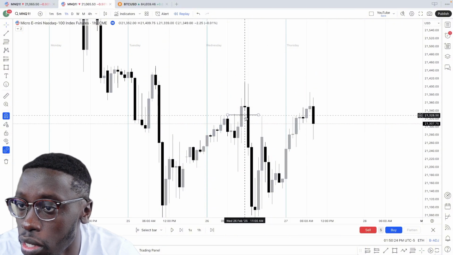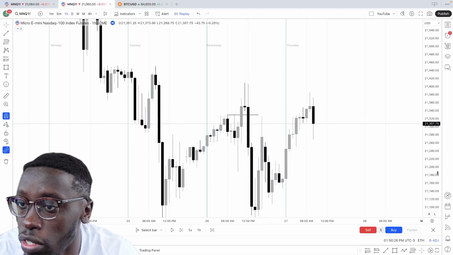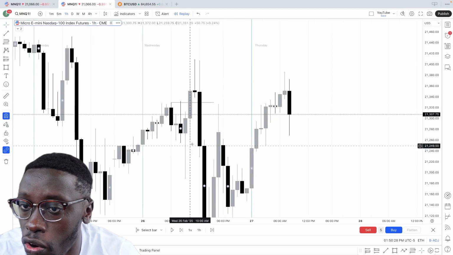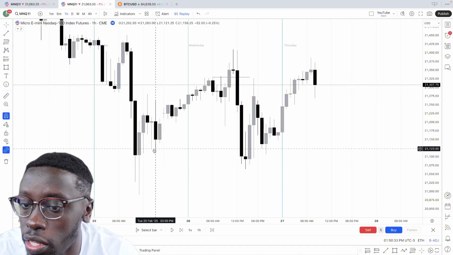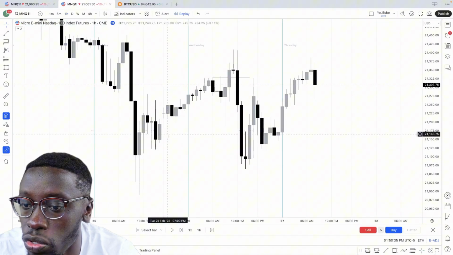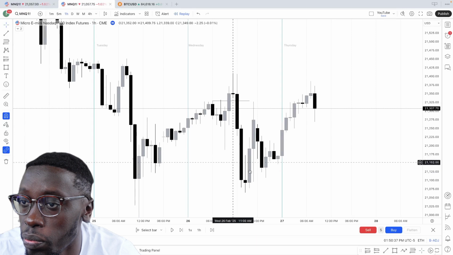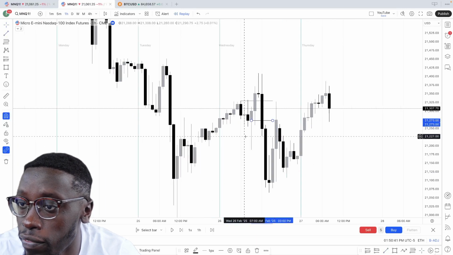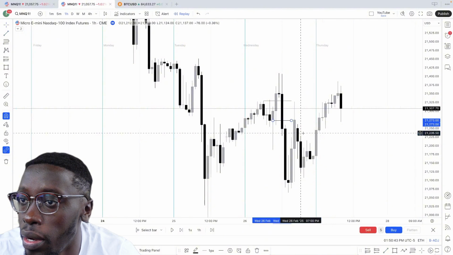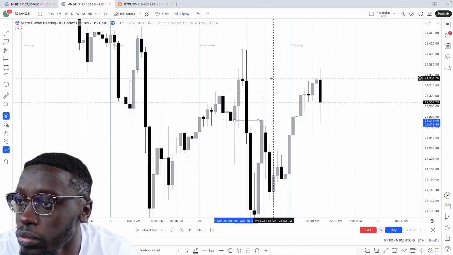We inverted this bullish BISI here on the hourly chart, and then sold off for the rest of the day into these lows from Tuesday.